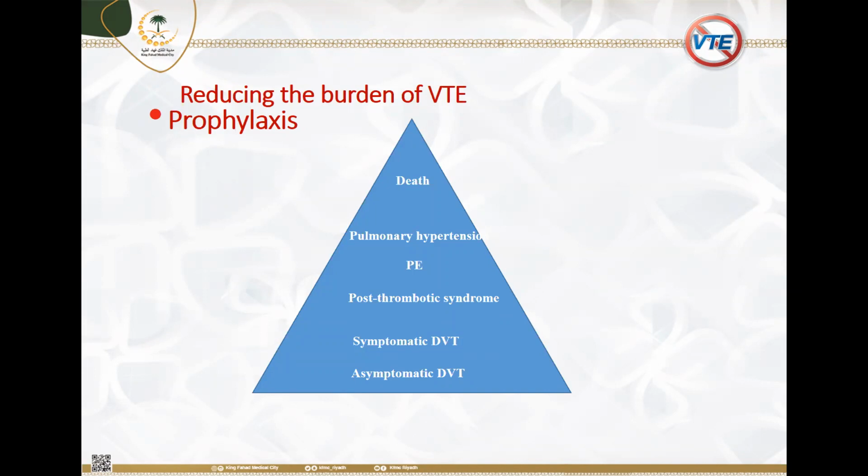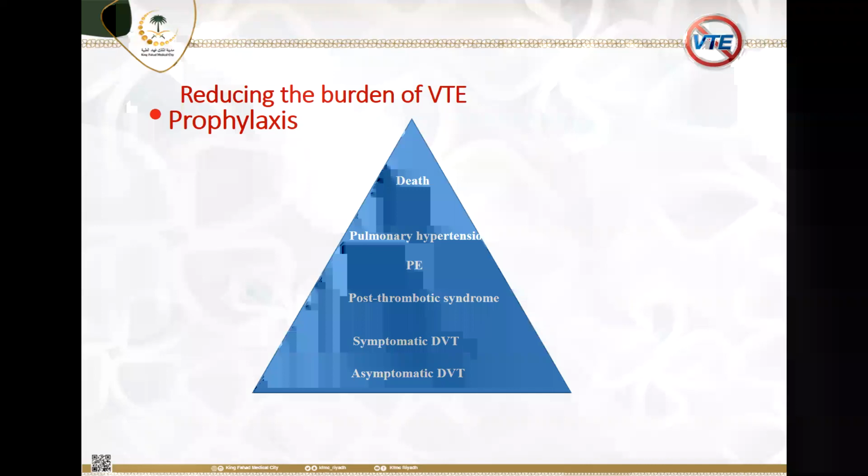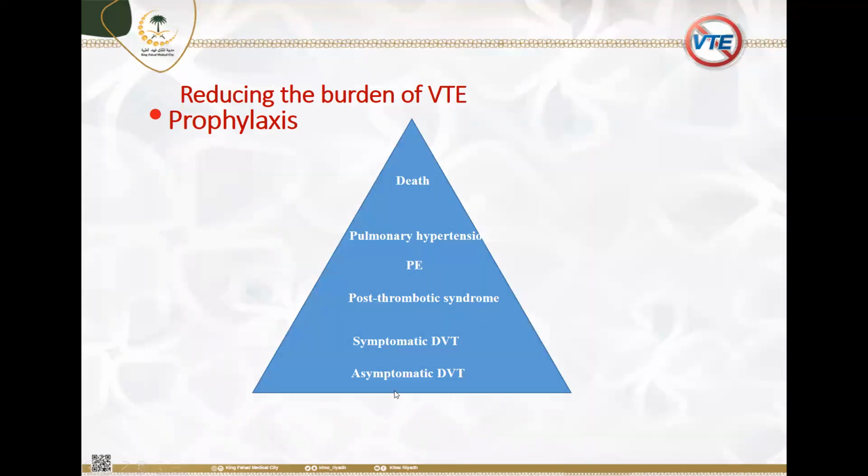That's why we prevent, so we don't wait for symptoms to treat. We have to be proactive. So we give prophylaxis to prevent asymptomatic DVT, to prevent symptomatic DVT, to prevent the long-term complication of DVT, which we call post-thrombotic syndrome. Also, we prevent pulmonary embolism and the chronic complication of PE, which we call chronic thromboembolic pulmonary hypertension, and we prevent death, which is the most feared complication.